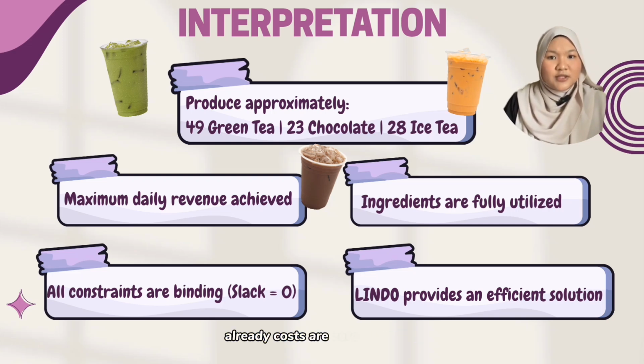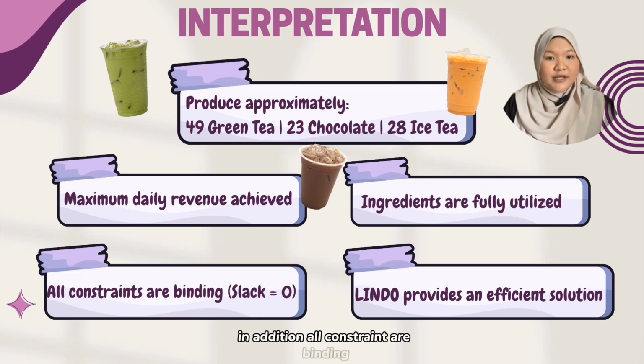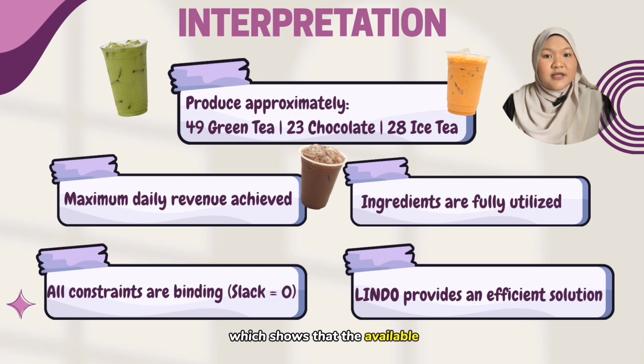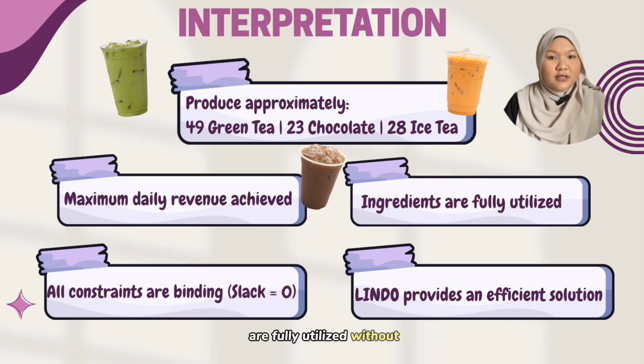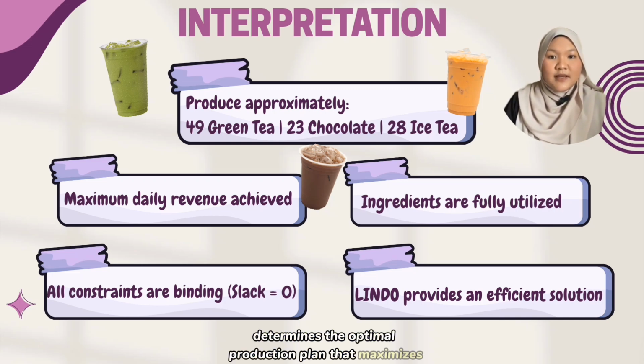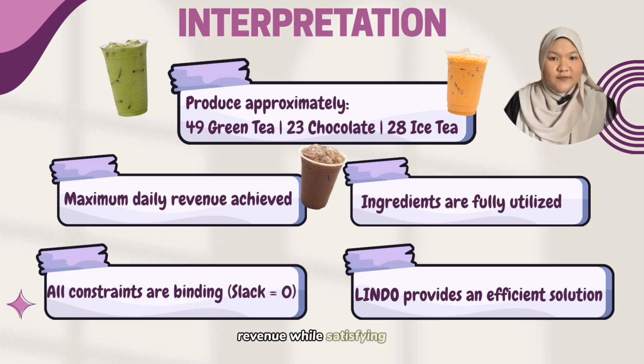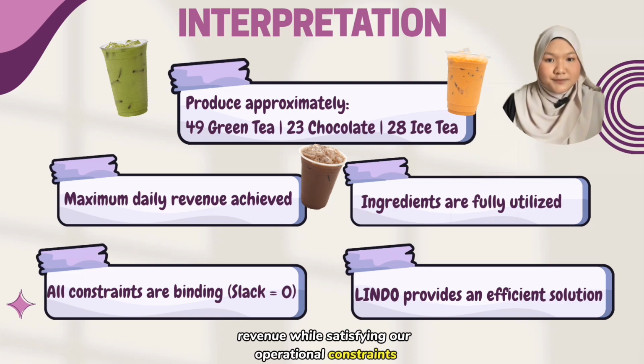The reduced costs are zero, indicating that each beverage contributes to the optimal solution. In addition, all constraints are binding, which shows that the available ingredients are fully utilized without exceeding their limits. In conclusion, Lindo effectively determines the optimal production plan that maximizes revenue while satisfying our operational constraints.